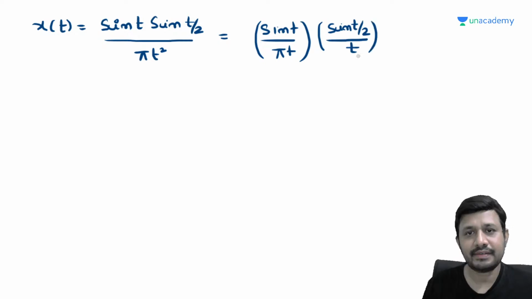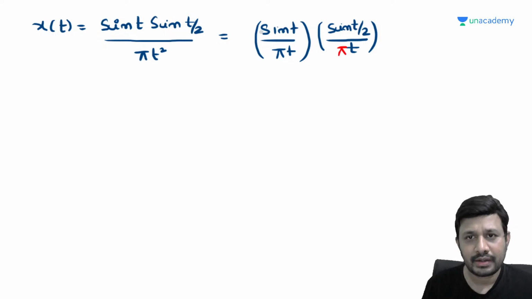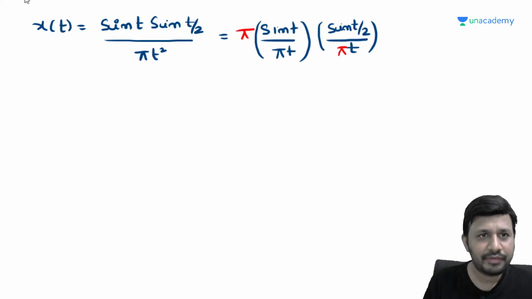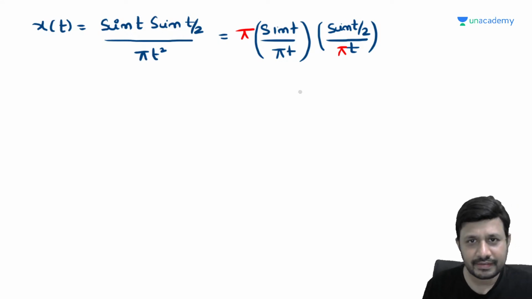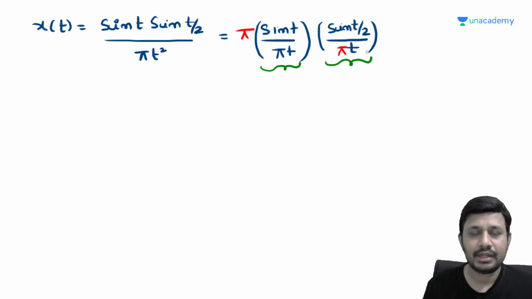Can I write like this? Yes, I can write. Now I'll put one pi here, I divide so that I'll multiply with pi. Right. Now if you observe this signal sin t by pi t and sin(t/2) by pi t, they are multiplied in time domain, means in frequency domain they are convolved, right?